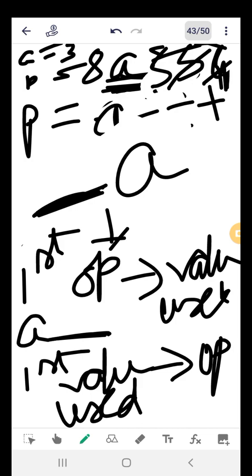So these numericals may come. They will just give you P equals plus plus A plus minus minus B, like this, and they will ask what is the final output, the final value of P, or any other variable, as well as what the values of A, B, C and the other variables used in the expression are.